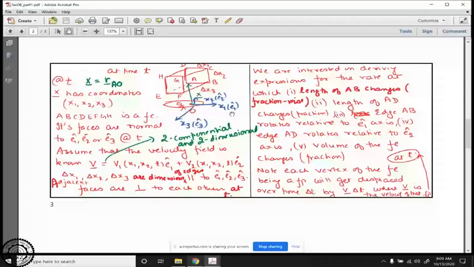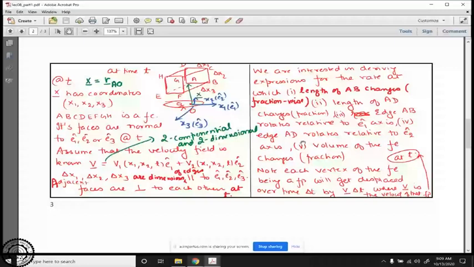Now, mind you, these E1, E2, E3 are frame embedded unit vectors. So with time, they themselves do not change. They are always fixed as seen by the observer. So I would like to know at what rate the edge AB is rotating relative to the E1 axis, and then at what rate edge AD rotates relative to the E2 axis.